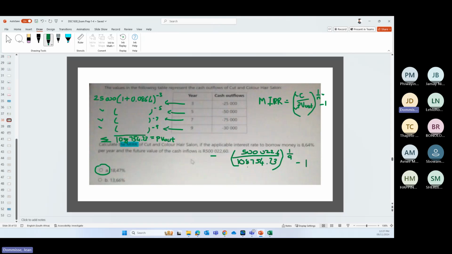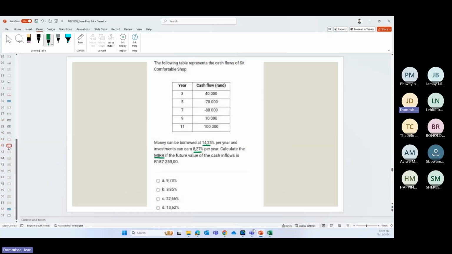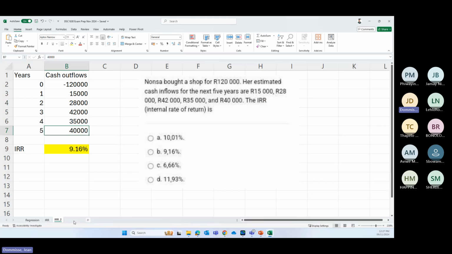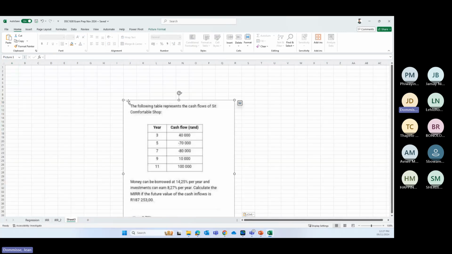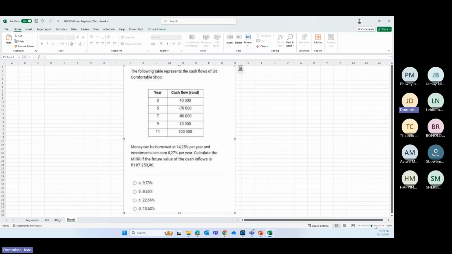So that makes sense now why MIRR didn't work on Excel for this. But now that we look at this one of MIRR, there are positives, there are negatives. So we will be able to, let's hope, use it in this way.